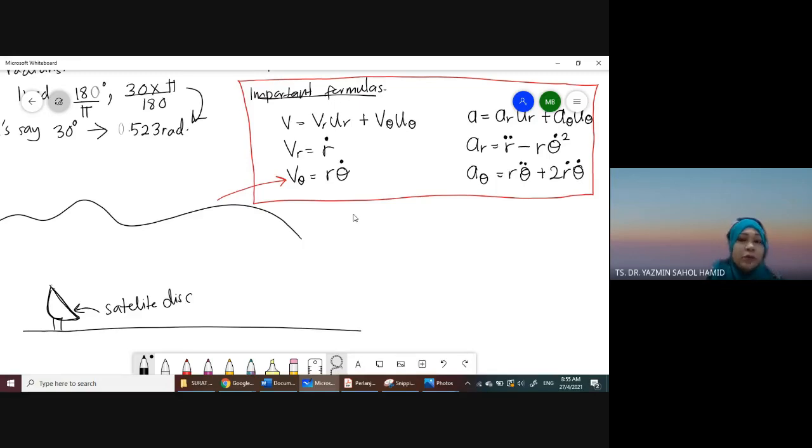As the object moves along this curved line, the satellite will continue to rotate and calculate the important variables that need to be identified. Let's say we have a reference point here, X like this. As the particle is moving along this curved line, the satellite will identify the distance r.